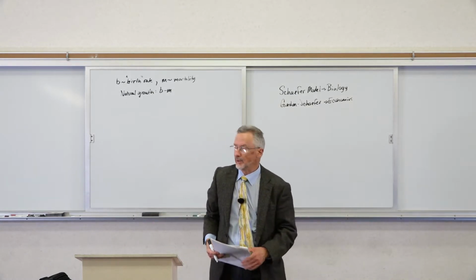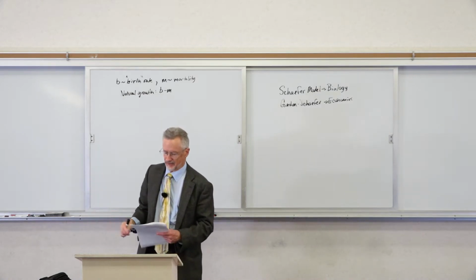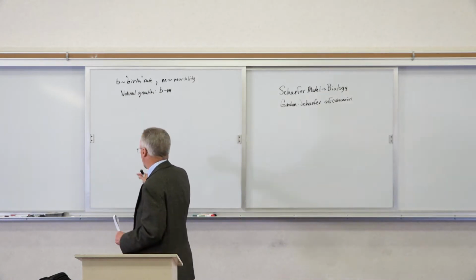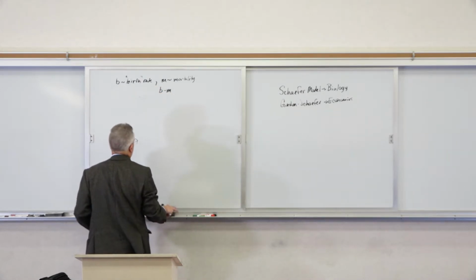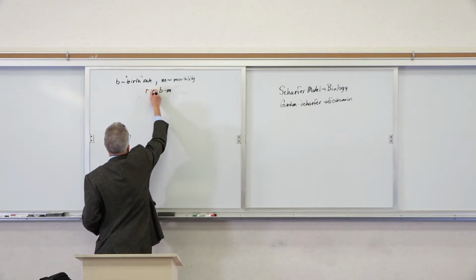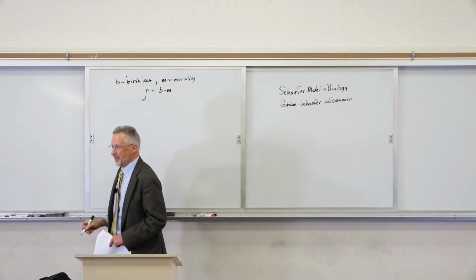Okay, well, is this natural growth rate constant? Let me give it a name here. Let's call it for a second R. That natural growth rate R is equal to this. And is that a constant? And the answer is probably not.